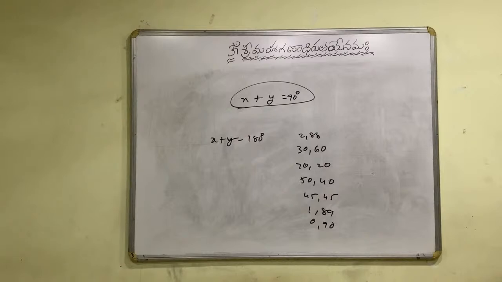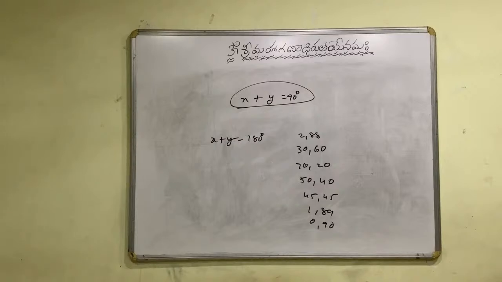Linear pair is different, supplementary angles are different. For supplementary angles, there is no rule that they must be a linear pair. But linear pair angles are supplementary.